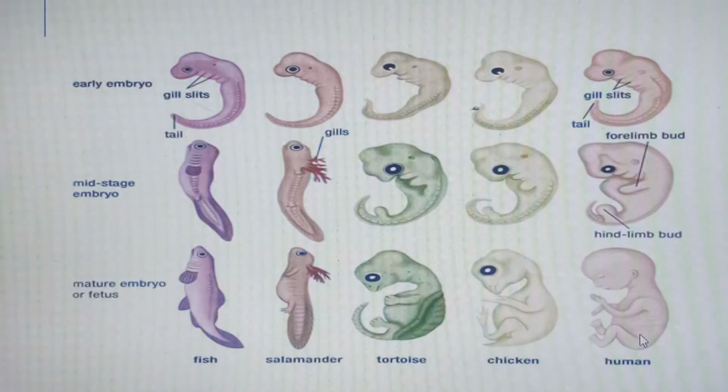For instance, if you take a lizard, it will be pentadactyl. Humans also have pentadactyl limbs. If that is the case, then it means these limbs are going to be homologous.